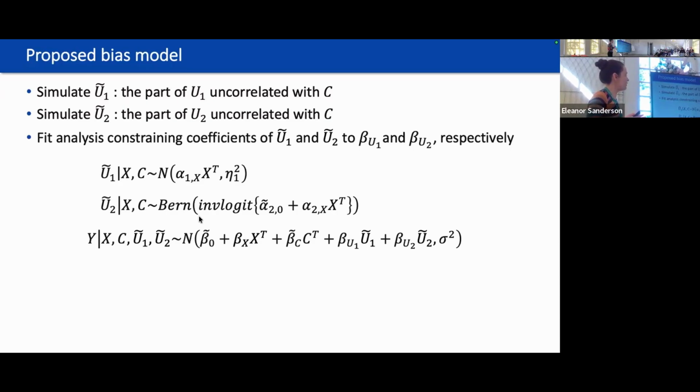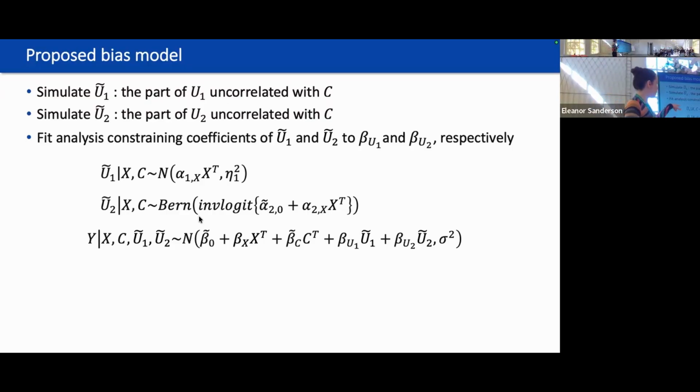We simulate the part of U1 that's uncorrelated with the measured confounders, so the bits of U1 that are not explained by the measured confounders. And similarly, we simulate the part of U2 that's not explained by the measured confounders. I'm going to call U tilde 1 and U tilde 2 proxies for our unmeasured confounders U1 and U2.